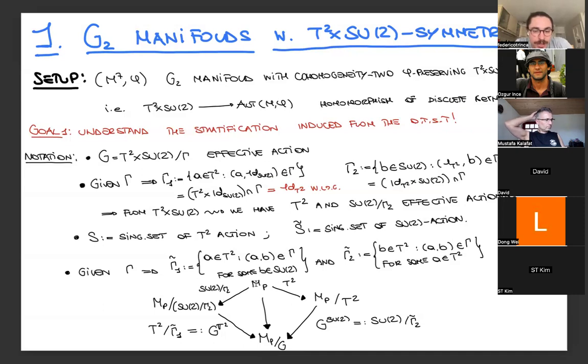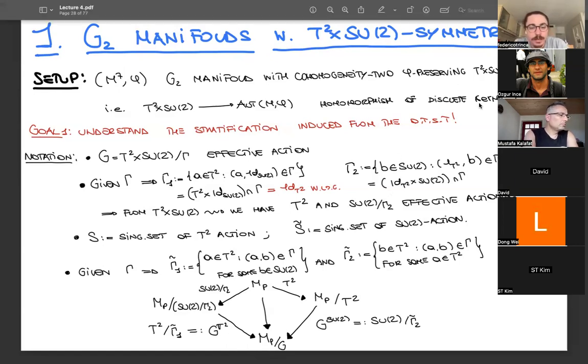So MP can also be decomposed into an MP over T2, the orbit space of the T2 action. And since SU2 acts on MP, then up to the quotient of this SU2 over gamma tilde 2, I have a residual SU2 action on MP over T2, and so I can quotient by that as well and get MP over G. And in a similar fashion, you can do the same trick doing SU2 first and T2 later.